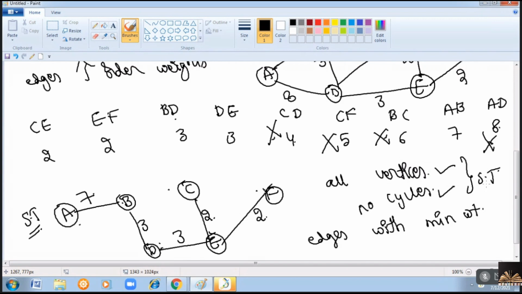Now what is the cost of the minimum spanning tree? The cost is equal to 7 plus 3 plus 3 plus 2 plus 2. Then it is 10 plus 5, 15, 17 is the edge cost.